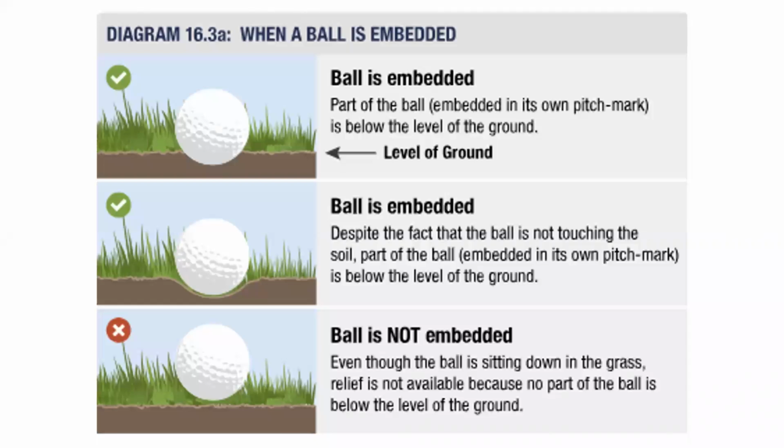If it was a low screamer, probably not going to be embedded there. But if it was a high shot and you heard a big thud when it hit the ground, and there's casual or temporary water everywhere on the course, chances are it probably is embedded. So you'd look at those kinds of situations when you're trying to determine if it's embedded in its own pitch mark.